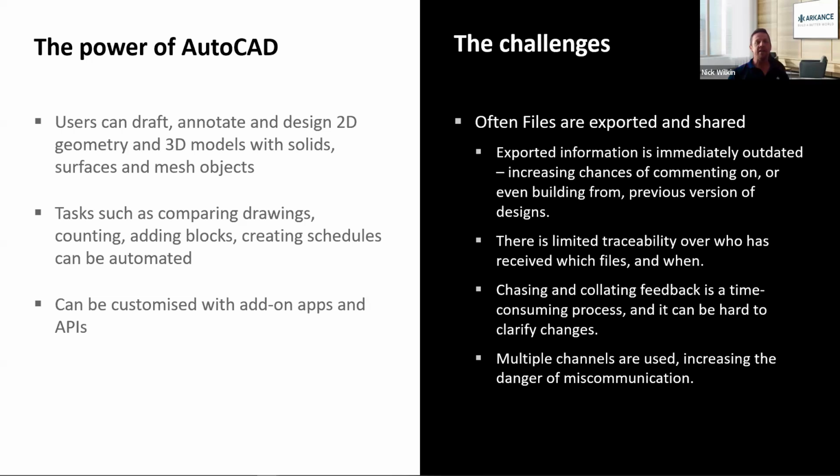A big one is that files are often exported out and shared, right? Because of the old format of the program and just old habits. This can be worrisome because that exported information is immediately outdated, right? It's not live. You're saving it outside of the program, so it's not a live connection.